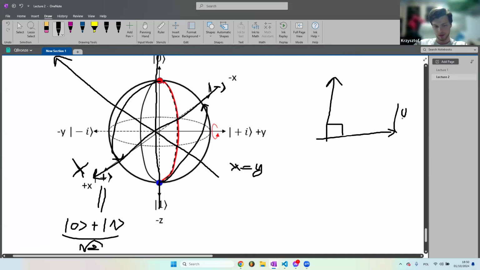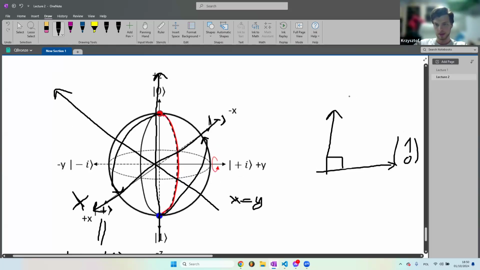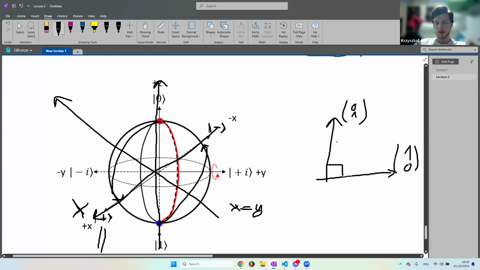So this is 1, 0, and 0, 1. But on the Bloch sphere, it's a little bit different, because now we introduce the imaginary numbers.